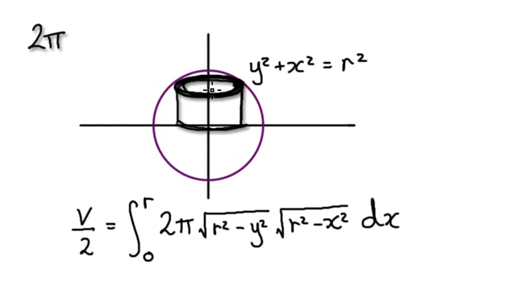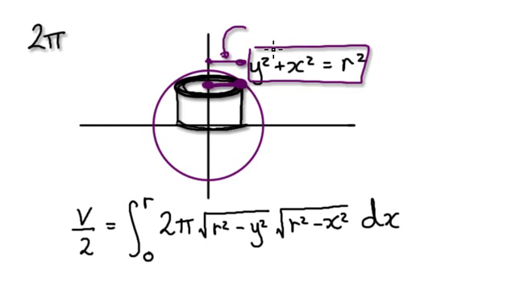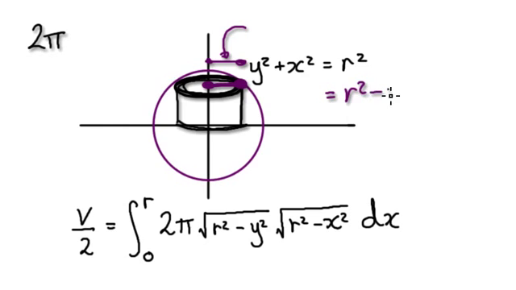So when you want to find out this x distance here, this radius distance, from here to here, you would be using this. So rearrange this. It would be r squared minus y squared, and then square root it. That would then give you your x.